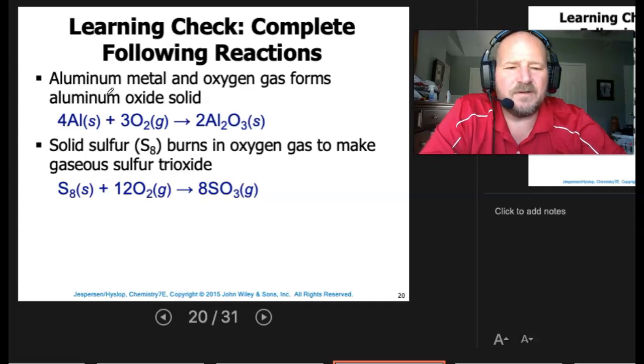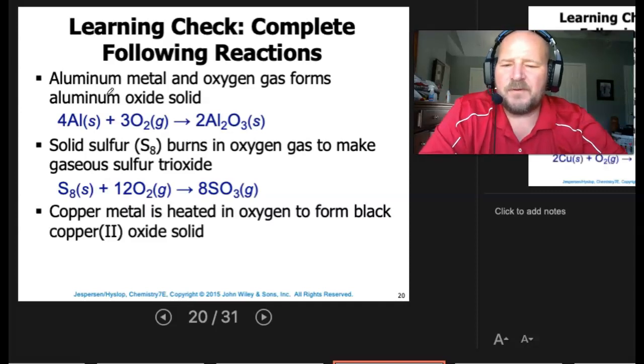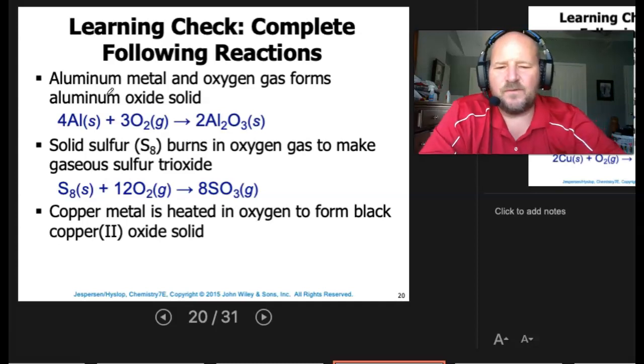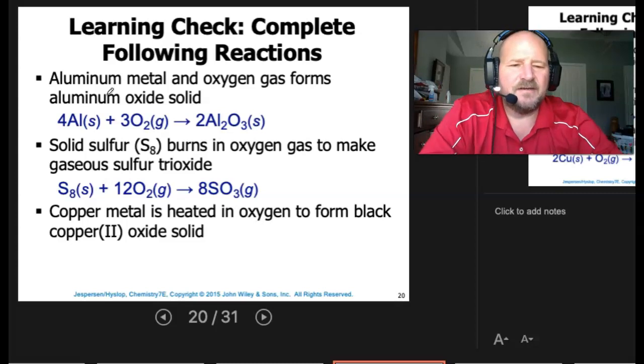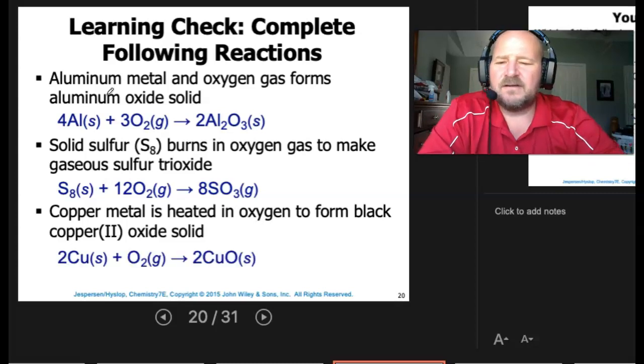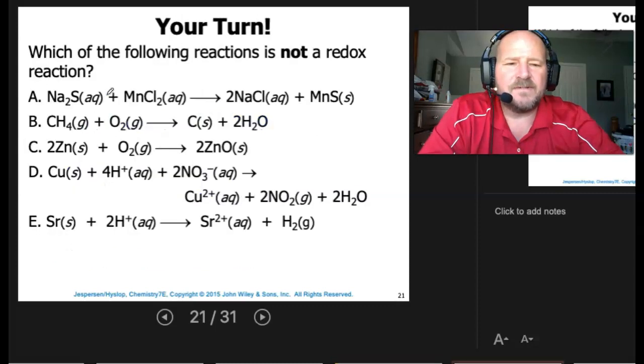So there's that one. Copper metal is heated in oxygen to form black copper(II) oxide solid. And there's that one.